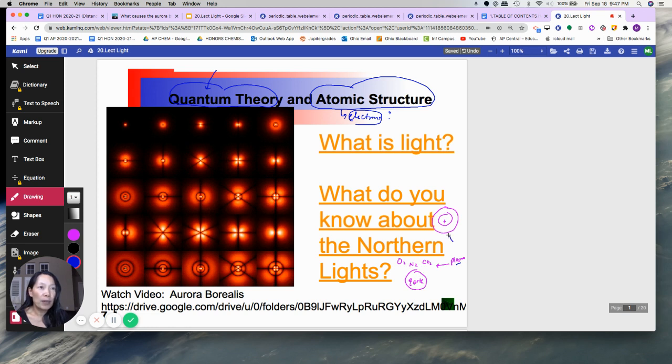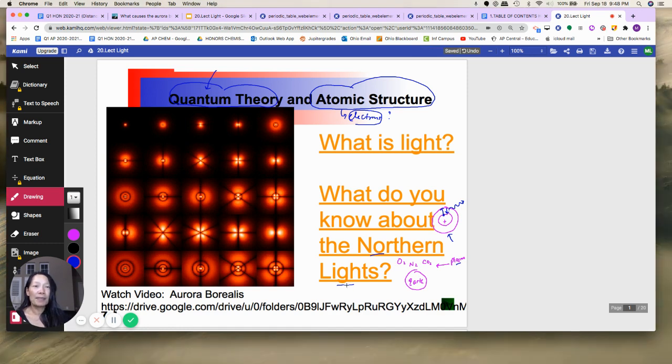For example, let's say this is an oxygen atom in oxygen gas. That energized particle makes the electron in the oxygen go up an energy level, and as it falls, it gives off a certain color of light, and that's the result of the Northern Lights. Okay?